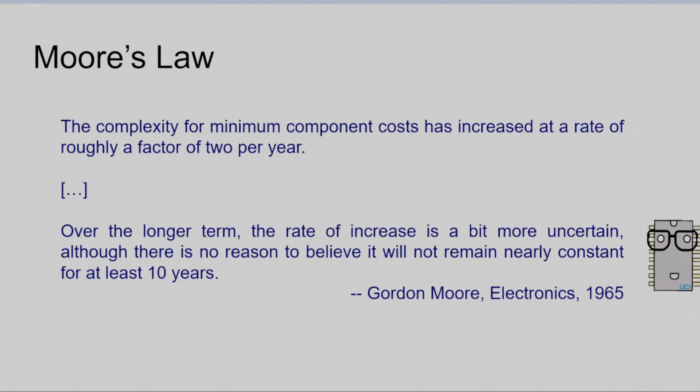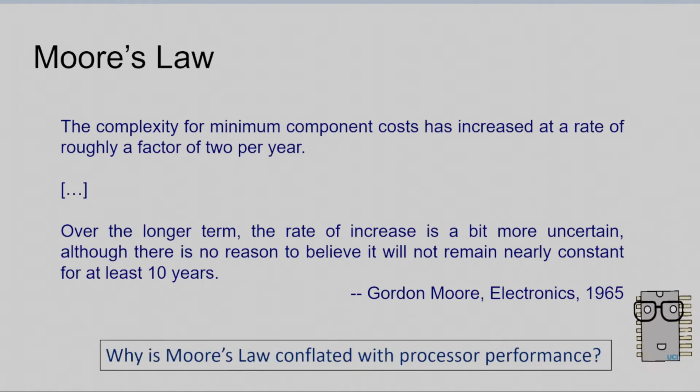And he also goes on to say, over the longer term, the rate of increase is, of course, a bit more uncertain, but there's no reason to believe it will not remain nearly constant for at least 10 years. And seeing that this prediction was made in 1965, this was a pretty accurate assessment of what was going to come.